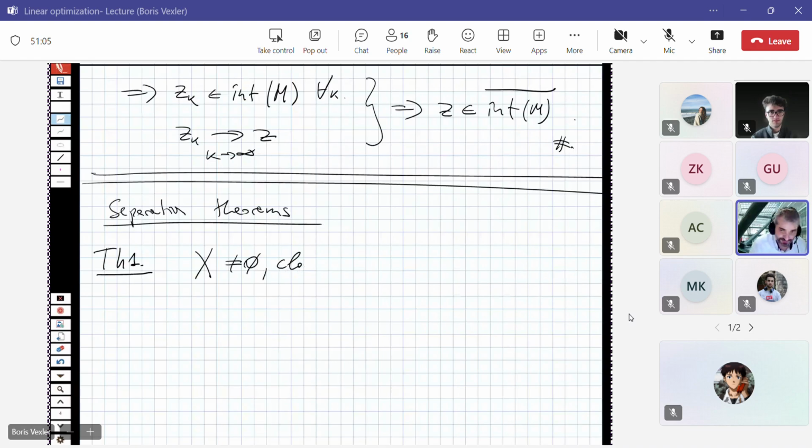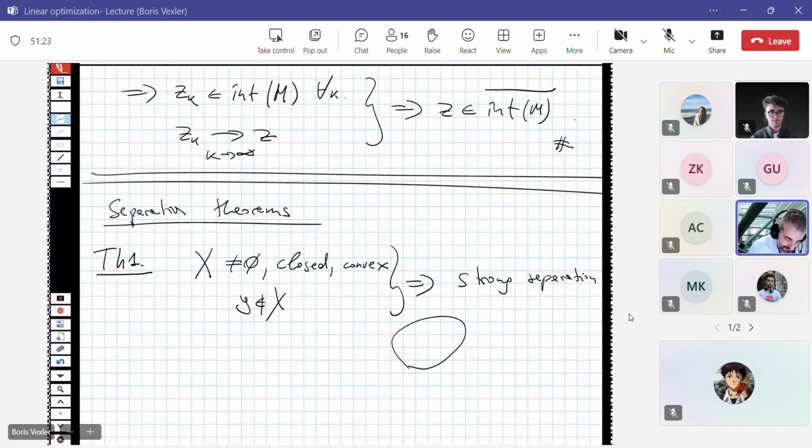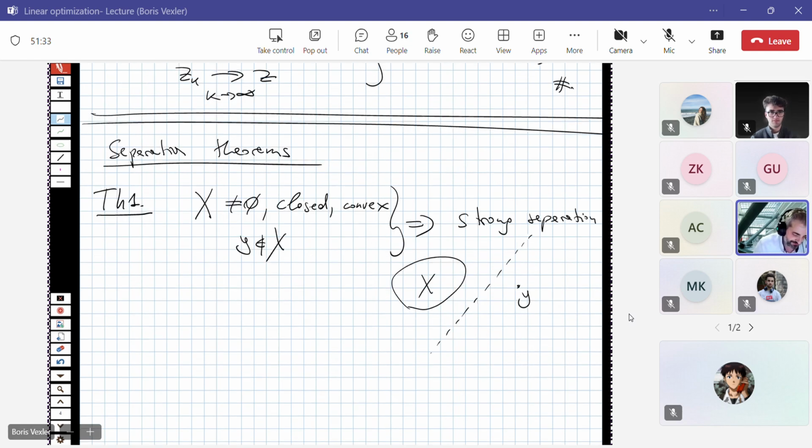Look all the time at the assumptions. They will change somehow. Closed and convex. And Y is not in X. Then we proved that we have strong separation. I will just make a picture. We have our X, our point Y, and here we have a strong separation. Assumptions: closed and convex set X, not empty.